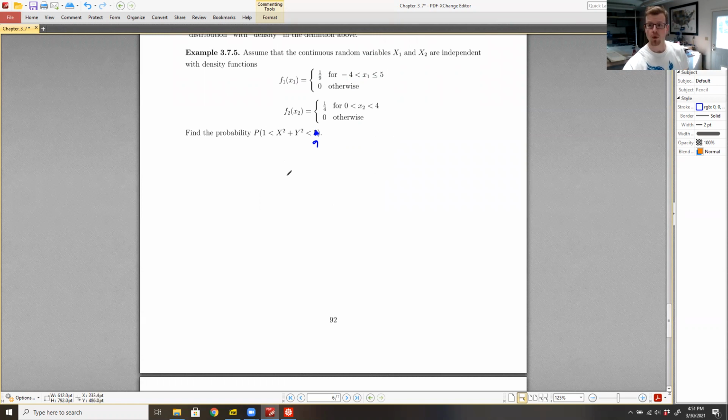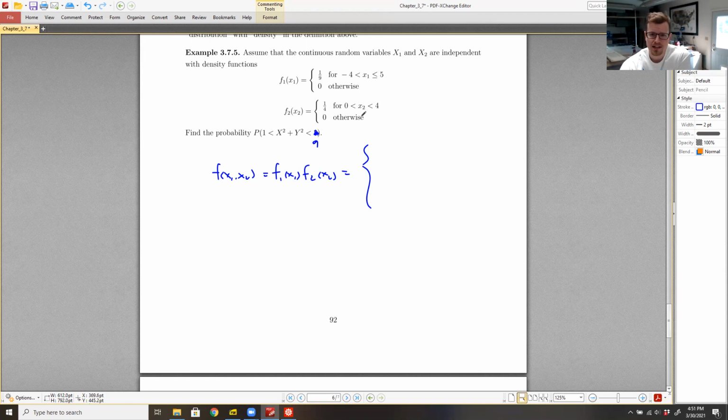So first of all, what is the density function that we're looking at here? f of x1, x2 is going to be the product f1 of x1 times f2 of x2. And x1 takes on these values between -4 and 5, and f2 of x2 takes on this value for x2 values between 0 and 4.